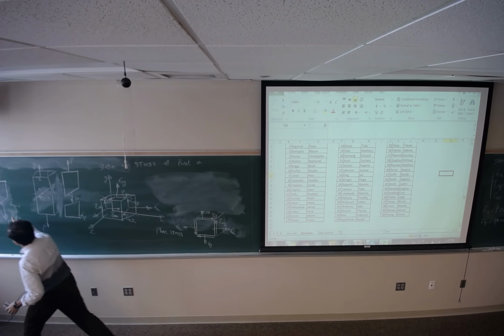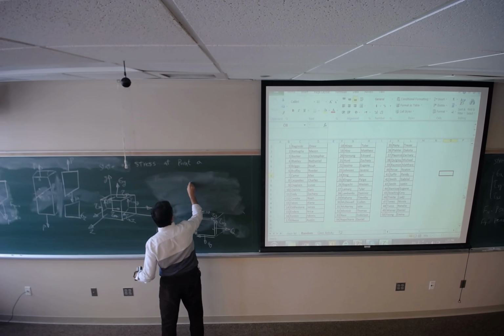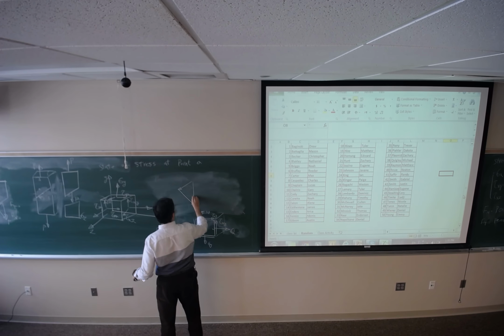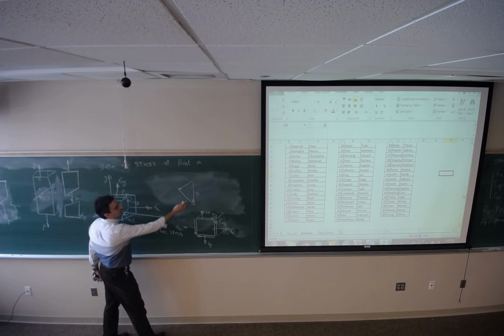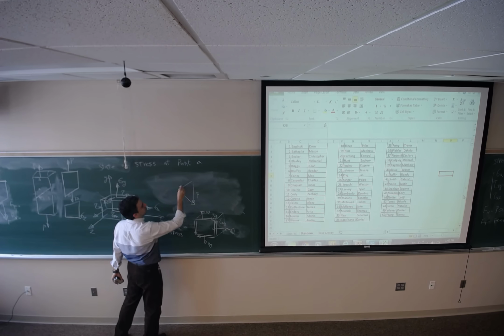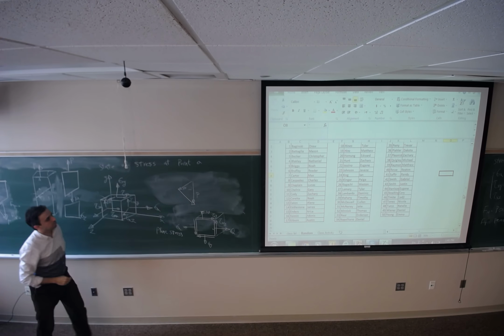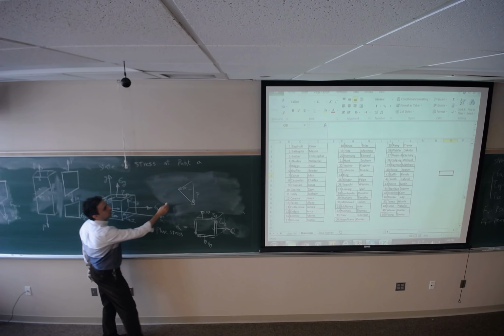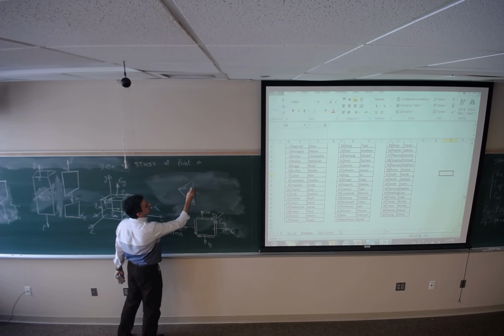So, how can we find that? This is P. We are looking for these two vectors, and this angle is theta. If this angle is theta and this is 90, this angle is going to be 90 minus theta.